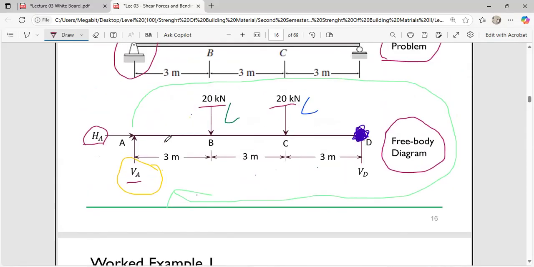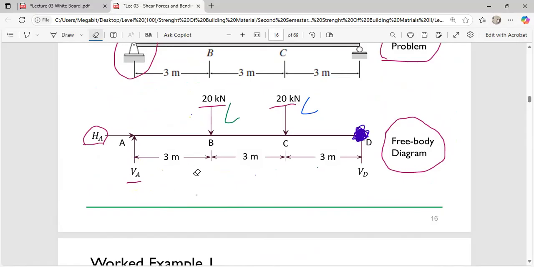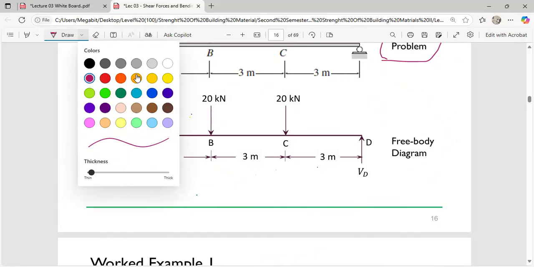So the forces that are moving in the y-axis, let's count them together. How many forces do we have in the y-axis? There are 4.